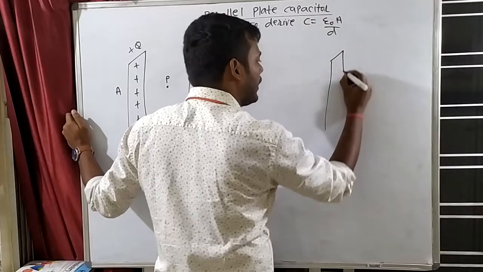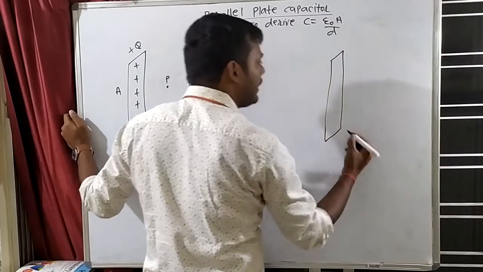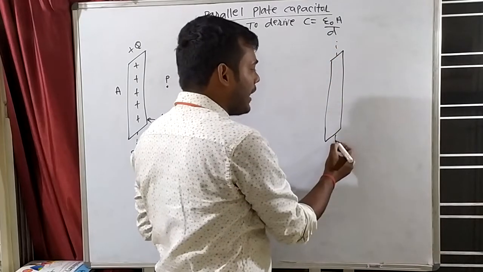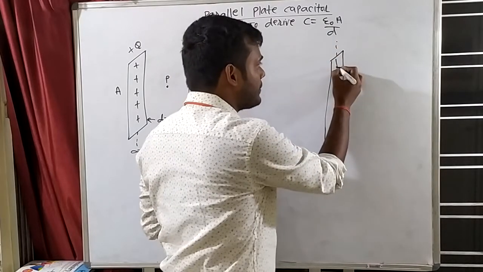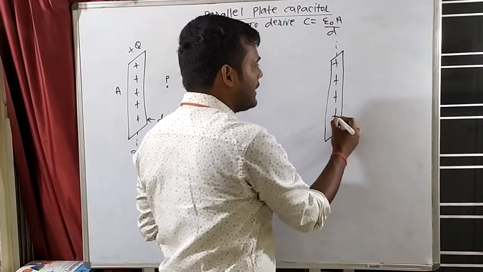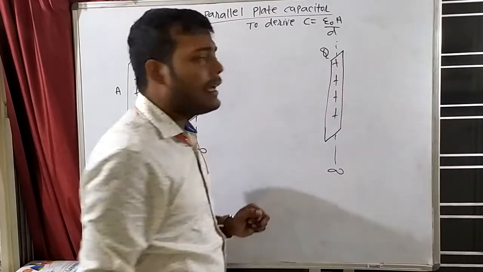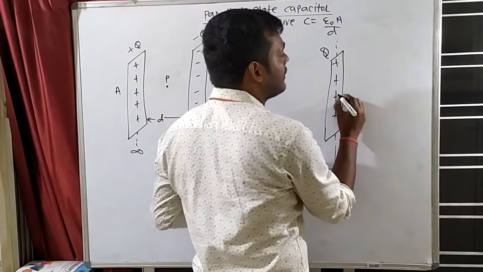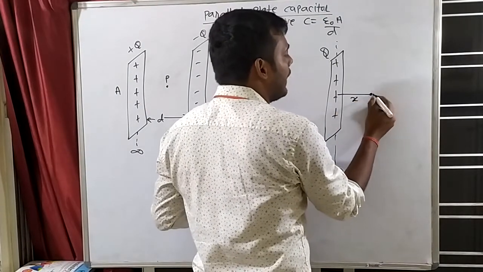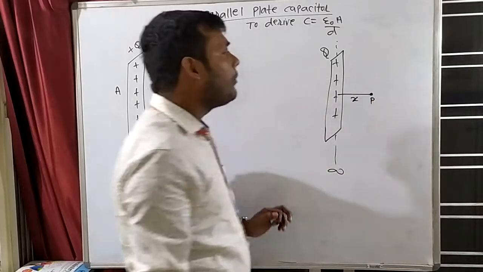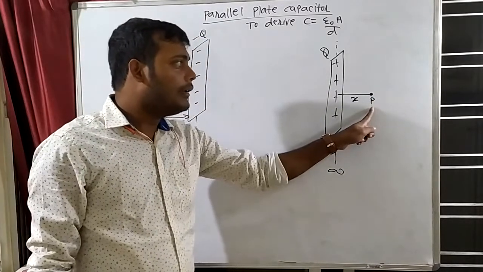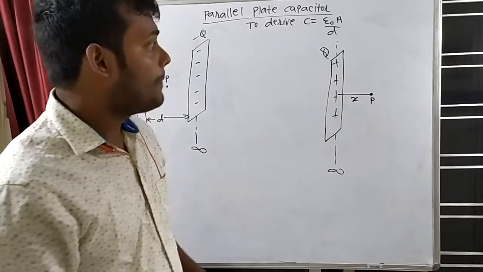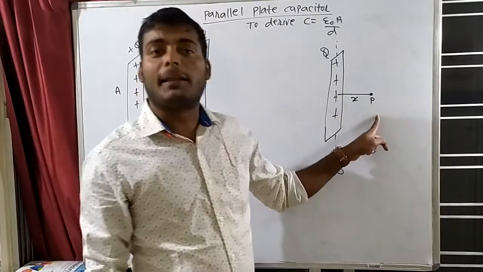Well, I am reminding you of something from electric charge and field. There was a derivation: if there is an infinite plane sheet with a positive charge Q, and a point P at a distance x from the sheet, what will be the electric field at point P?